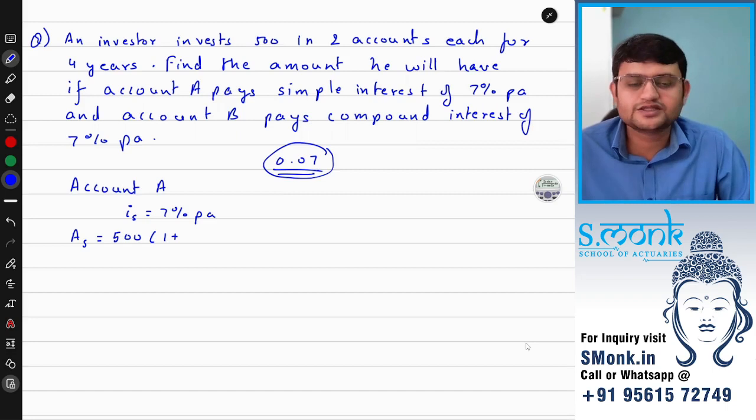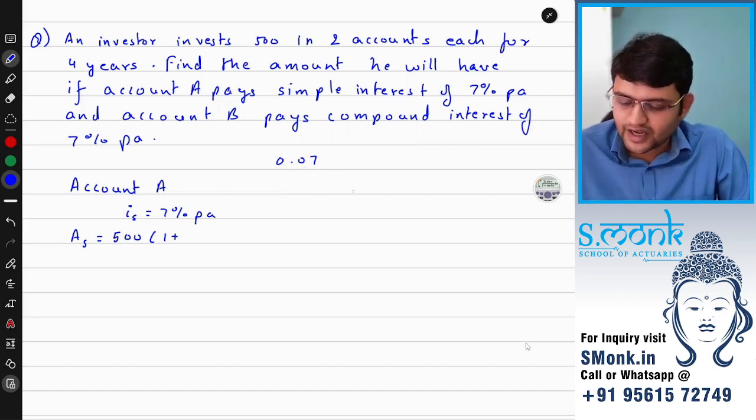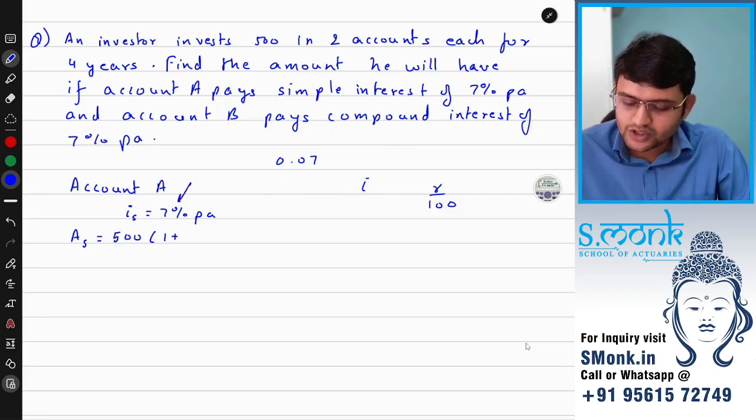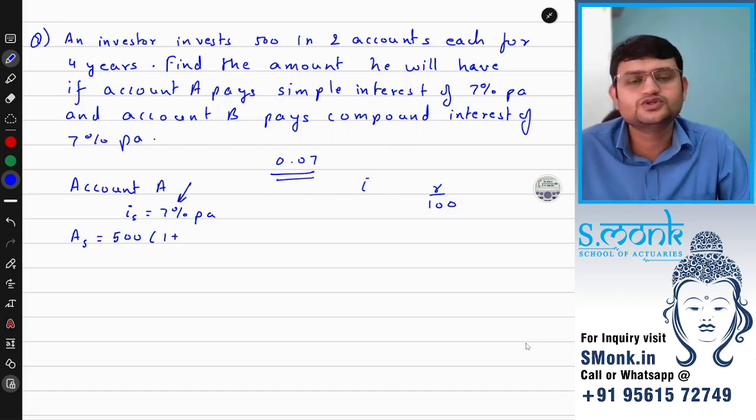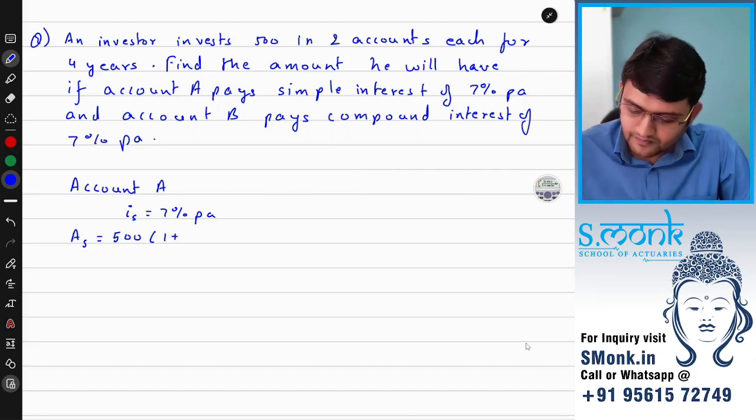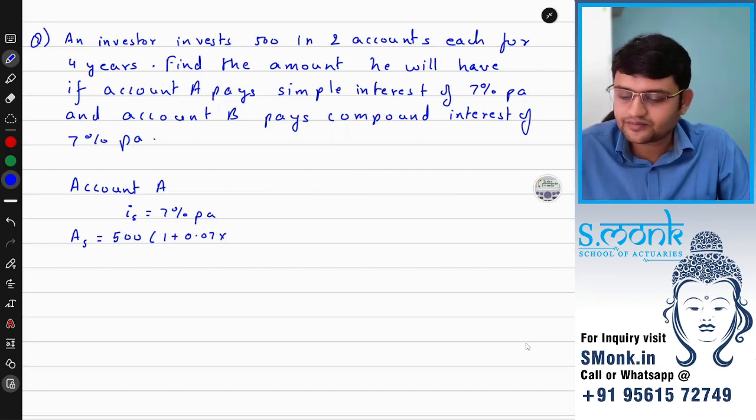So by any chance in 11th 12th you have studied that we write I by 100 or R by 100. Don't do that. We are not going to do that. We are just going to write I, that is also 7% and also 0.07. So same thing, we don't need to write upon 100 for it. So 1 plus 0.07 into the time, which is 4 years.